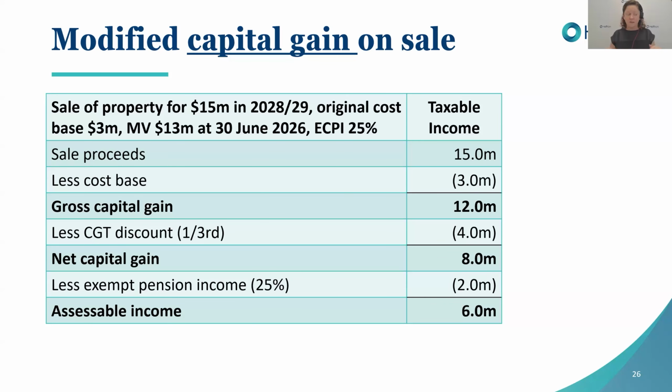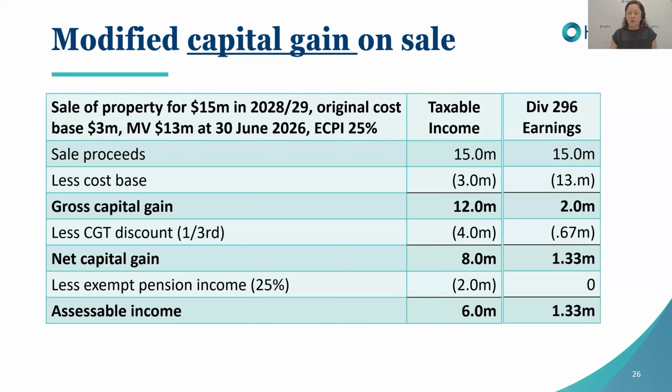We've got our cost base of 3, our original cost base. We're going to take off our 1/3 discount as normal, and we're going to take off our 25% exempt income. So we've got $6 million worth of capital gain that's going to be included in the fund's taxable income as normal. From the point of view of the fund's Div 296 earnings, sale proceeds are still $15 million, but our cost base is $13 million because we opted in.